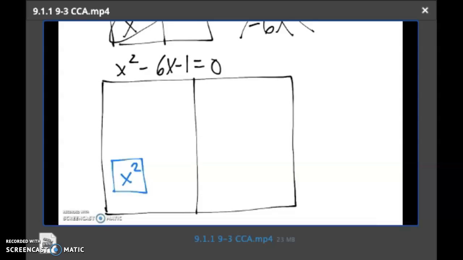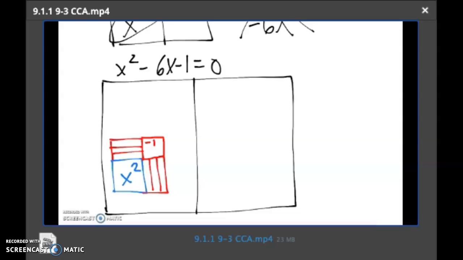Now remember, I have to split those 6 x's up and put 3 above my x squared tile and 3 to the side. I'm trying to make a square. And now what I have for my 1's is a negative 1. So in this corner, right now, I have a negative 1.